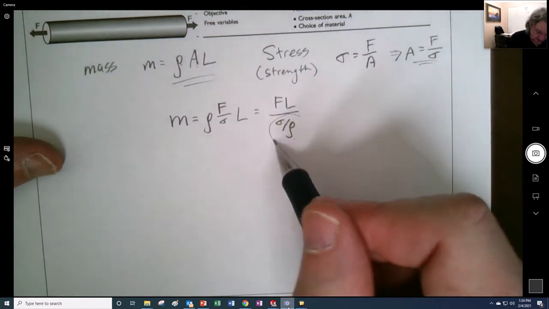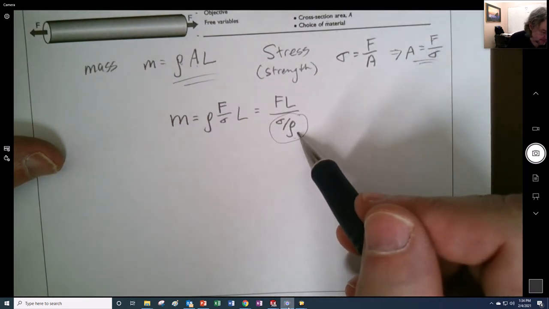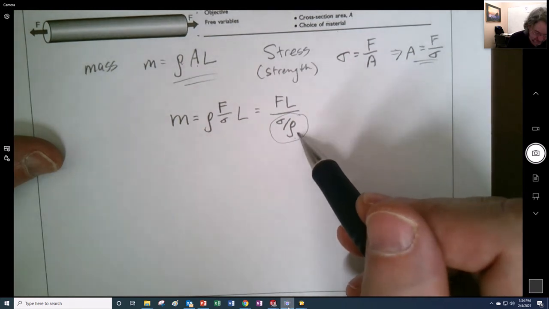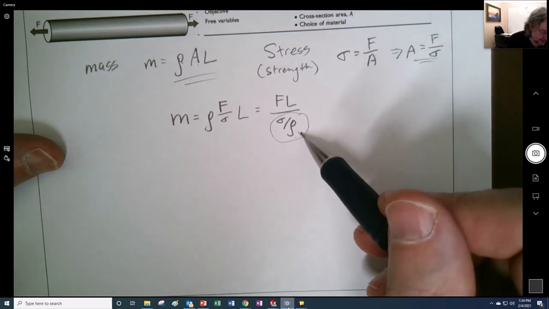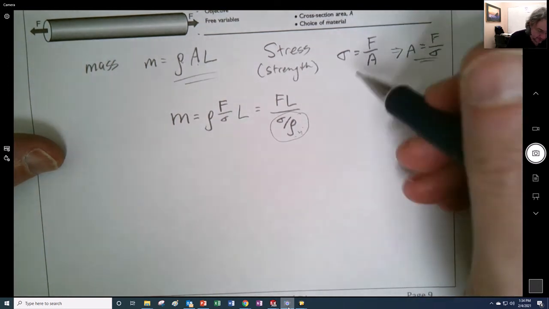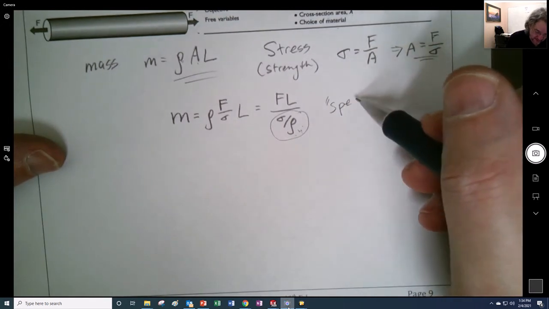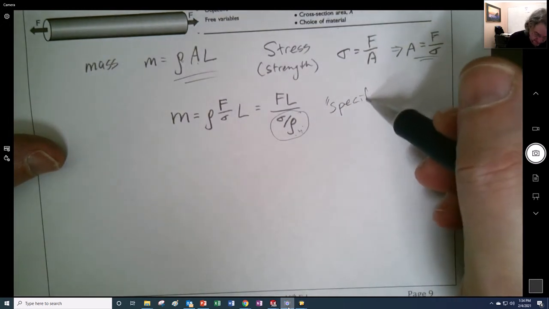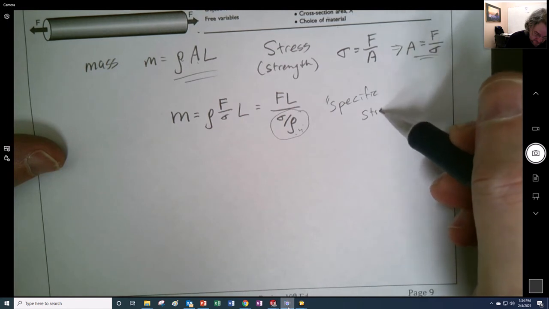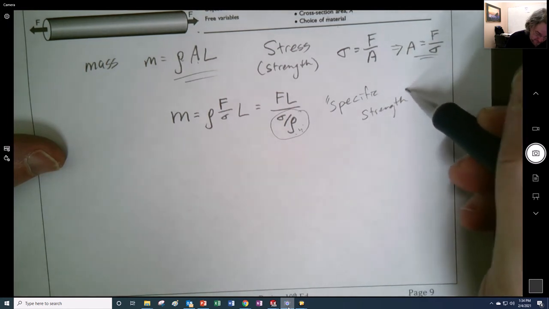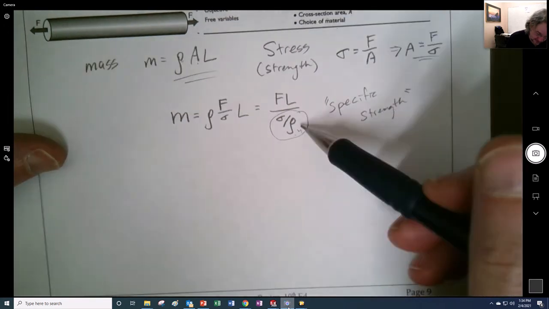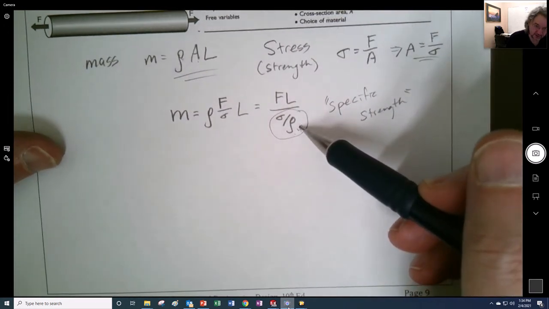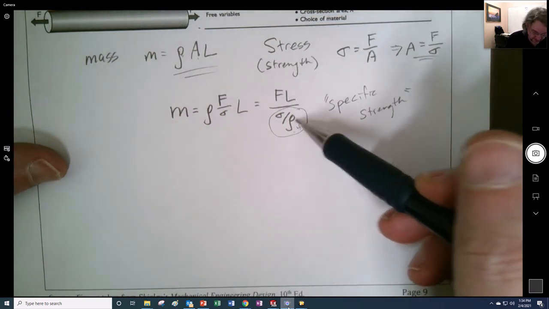Now this together is a performance dependent index, which we could call, if we wanted to, specific strength. Our objective is to minimize the mass, so we would use this line right here.